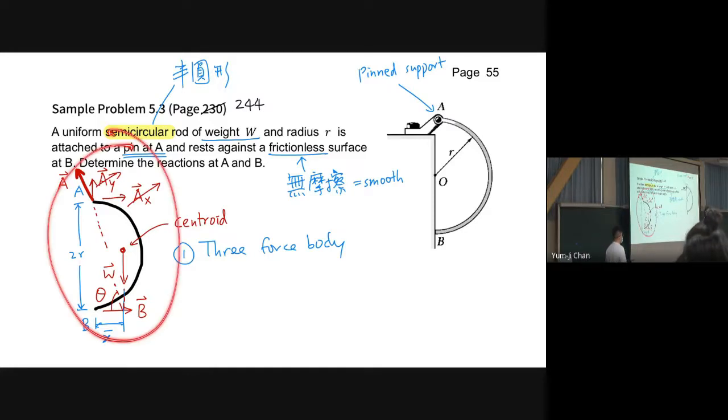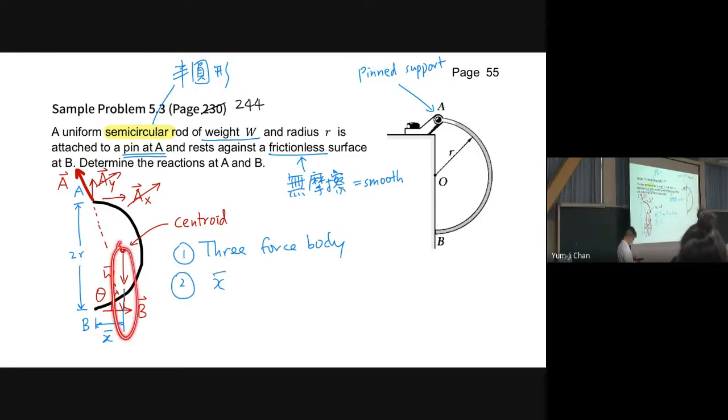Now we know that it is a three-force body, and we can simplify the problem like this. Now the second thing is, what is X bar? Where is the centroid of this? If we know the location of X of these points, of course we will know X bar. Now we need to use the equation I talked about before. X bar is equal to r sine alpha divided by alpha.